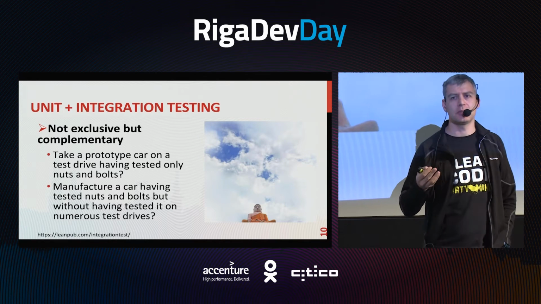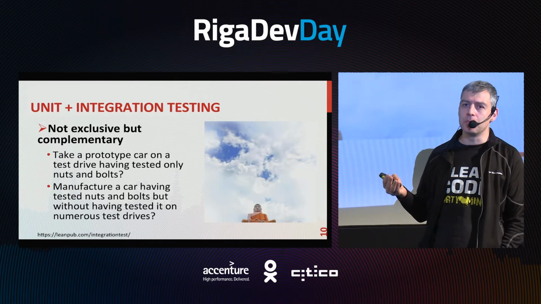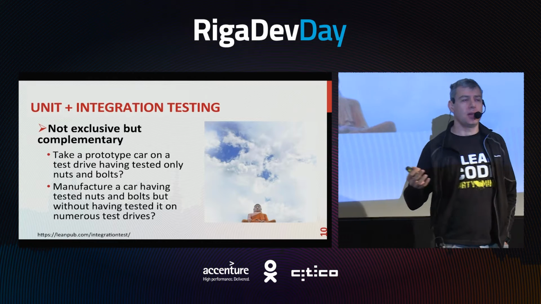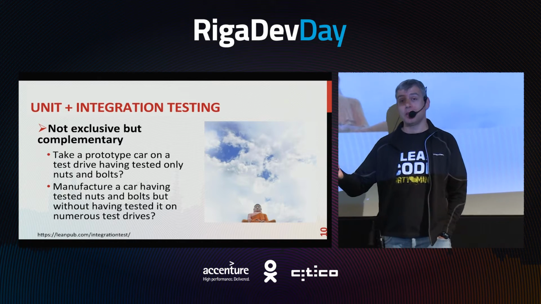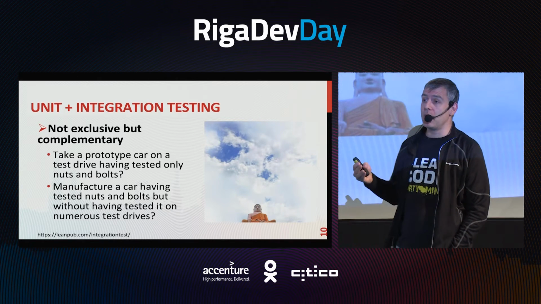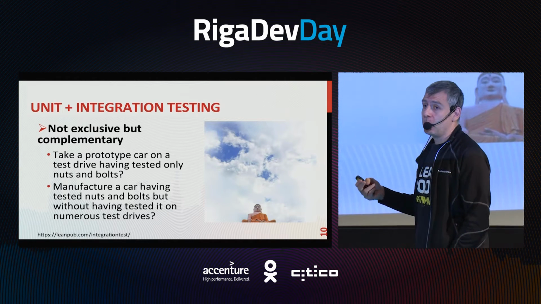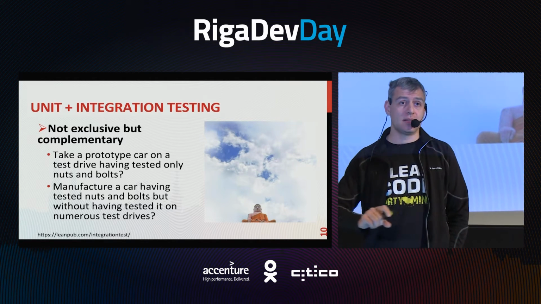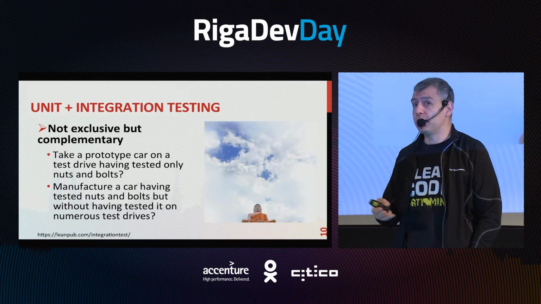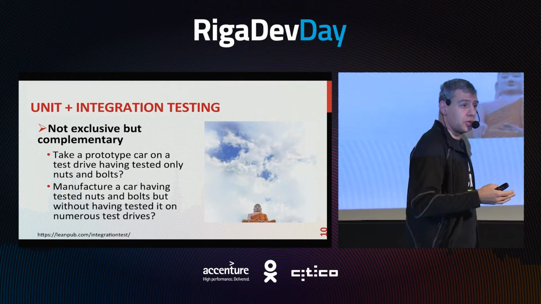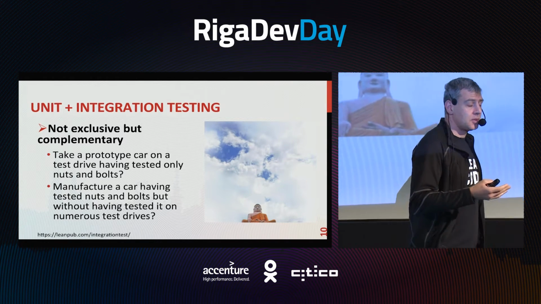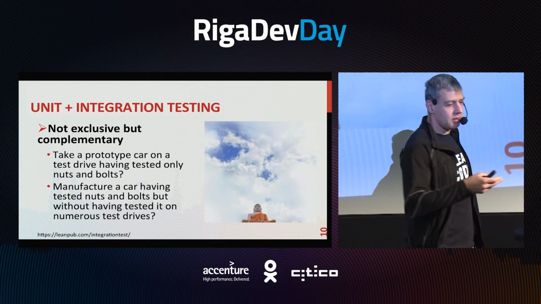You should do only integration testing. That's not true, because if you were the product manager of the car, you wouldn't go on a test drive without having tested the pieces separately, because if it fails, then it would probably cost too much, right? So you should do one with the other.